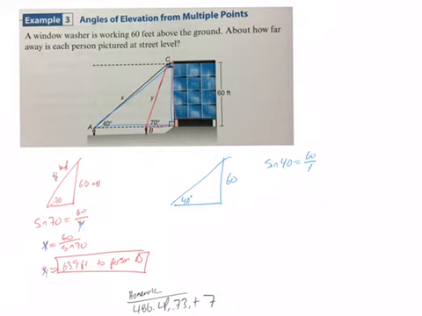My fault. So now solving for this, you get x is equal to 60 over sine of 40, which is 93.34 feet to person A.